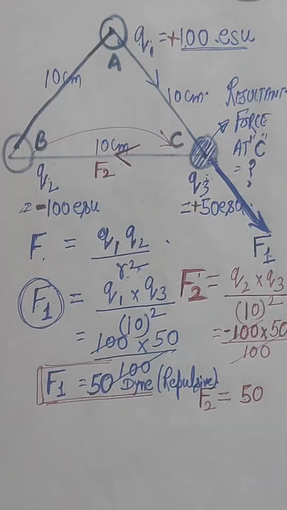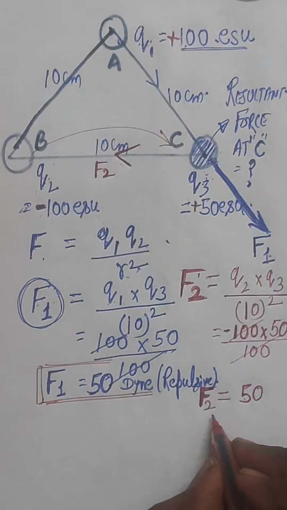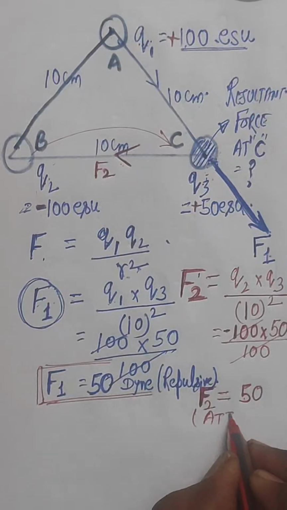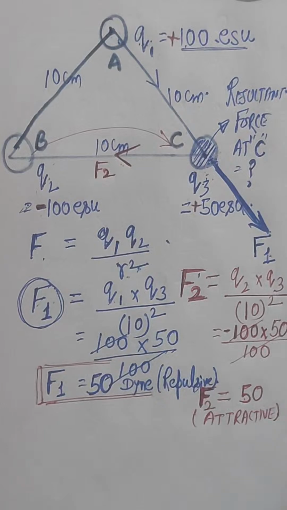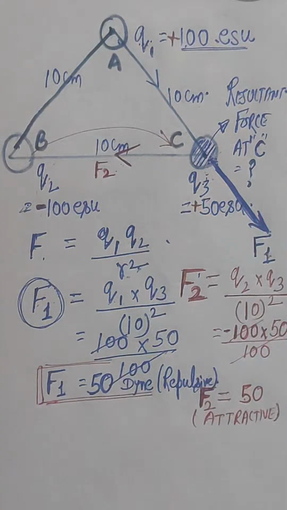So we can write that this F2 is attractive in nature, right? Now, F1 acting here, F2 acting over here.